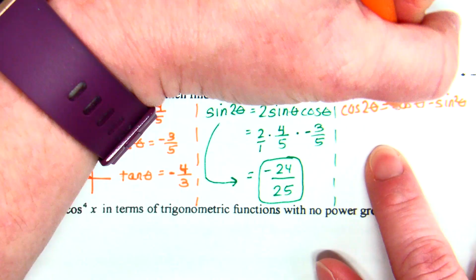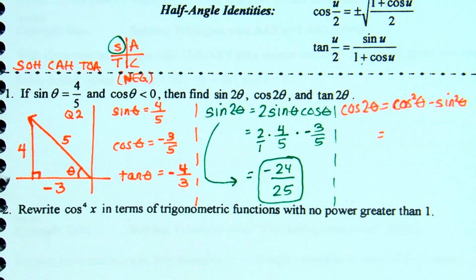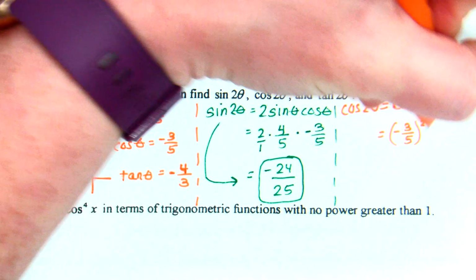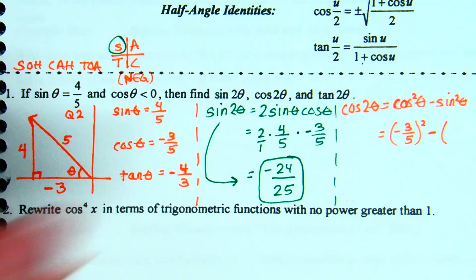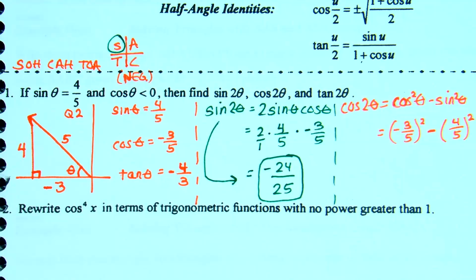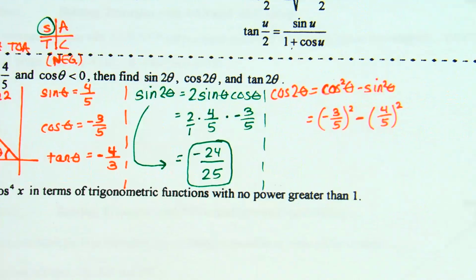Okay. First step's easy, right? Fill them in. Now, it says cosine squared. So what's that mean we're going to do? Yeah, -3/5, and we're going to square that. Minus sine squared. So that means we're going to do 4/5 squared. Do the math.